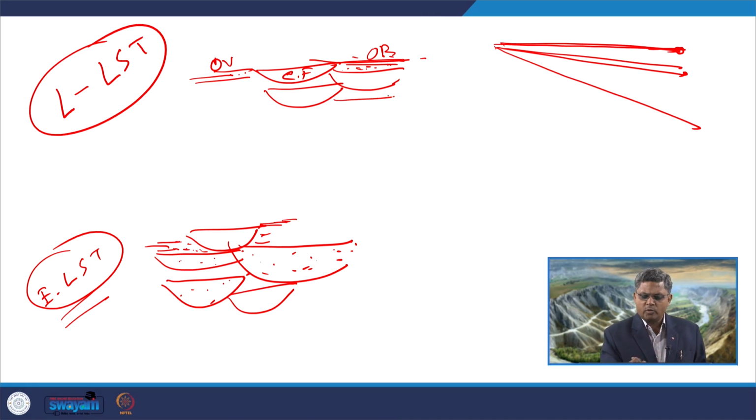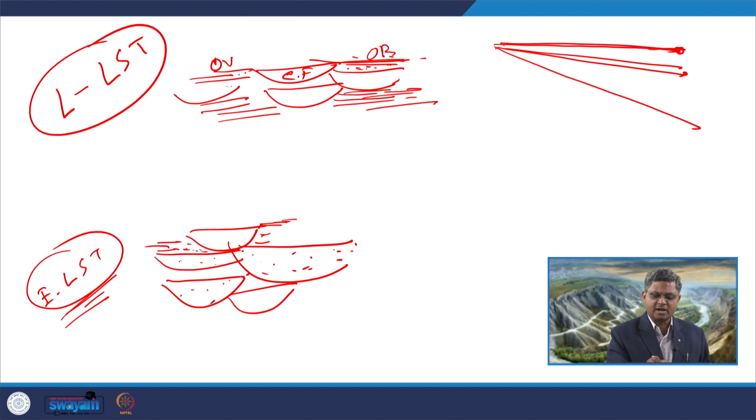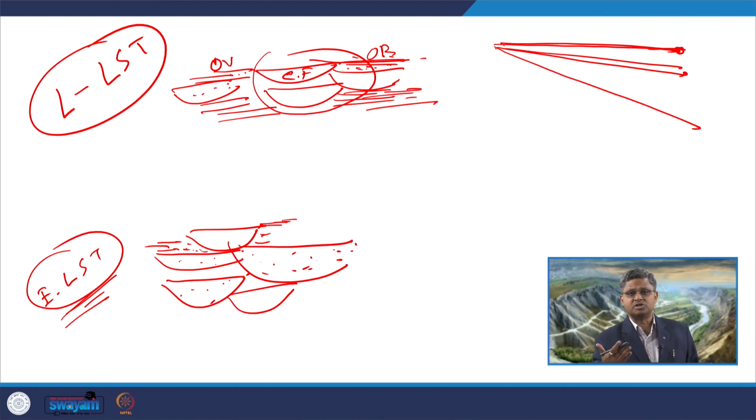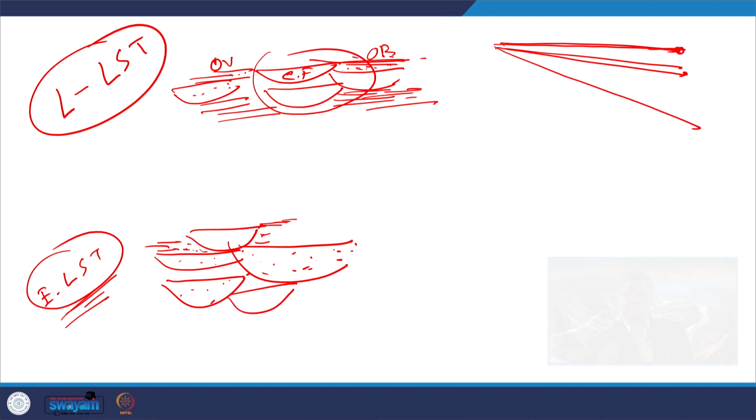So now what we get is frequent overbank deposits, more frequent with respect to this early LST phase, which are separating the channel fill deposits. Still we can get amalgamated channel fill deposits, but the extent of amalgamation or the intermittent overbank separators will be changing with respect to the early LST phase.